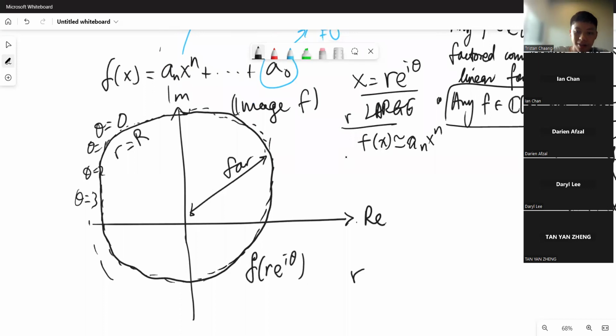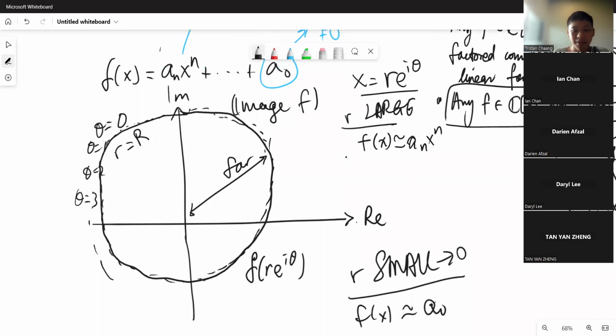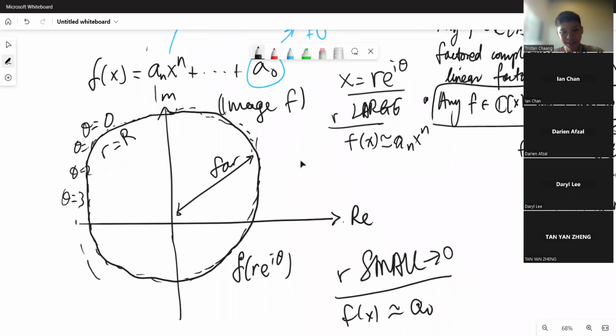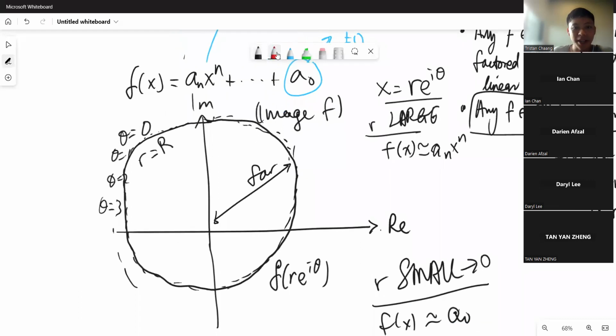Where r is small, in fact close to 0, f(x) is approximately a_0, because a_0 dominates when r is small. So when x is close to 0, f(x) is approximately a_0. First of all, a_0 is not 0, so a_0 is somewhere on the plane.